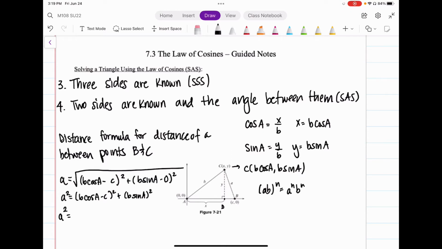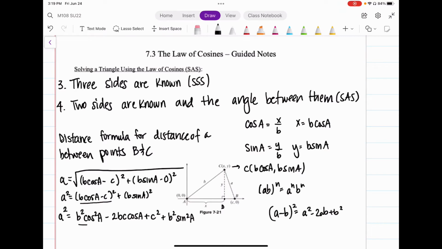So (b cosine A) squared is b squared cosine squared A, minus 2bc cosine A, plus c squared, plus b squared sine squared A. And I was expanding this perfect square here to get, let's say if we had (a minus b) squared, that's the same thing as a squared minus 2ab plus b squared. And that's where my three terms came from.